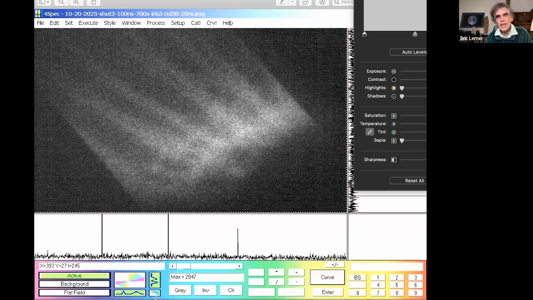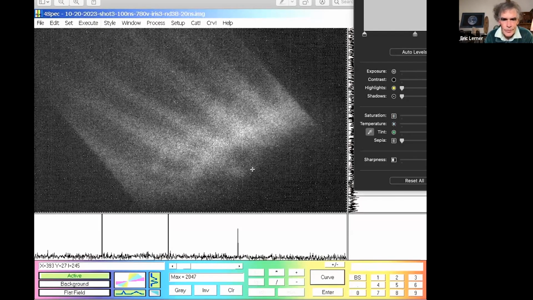What we're looking at here is a single centimeter wide view of the pulse as it's moving down the anode. So this is at a tilt. The direction of these black lines is actually vertical.